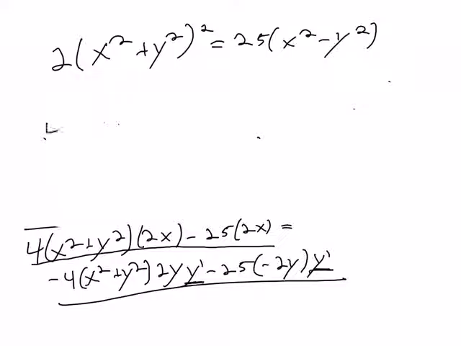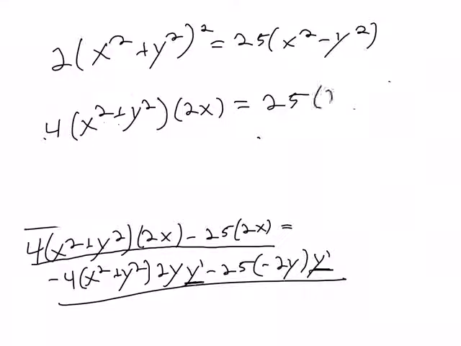So what we want is 4x squared plus y squared times 2x is equal to 25 times 2x. These cancel, this goes over here. So we want x squared plus y squared to be equal to 25 over 4.